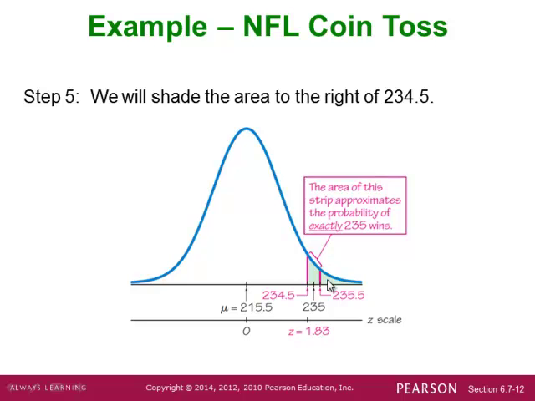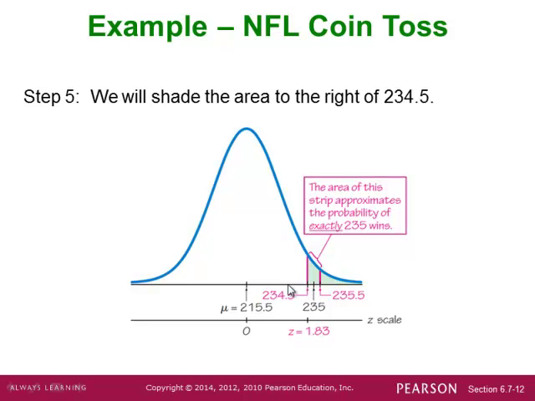And when we're doing the normal approximation to a discrete distribution, we have to do this correction by backing it off, or going by half a unit before or after. Again, we're going to go from 234.5 to the right because we're including 235.